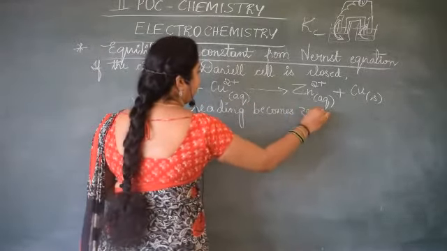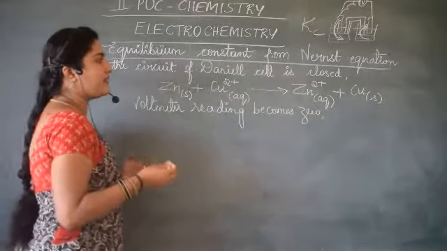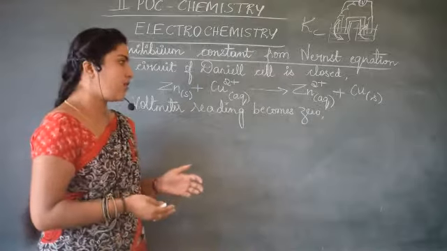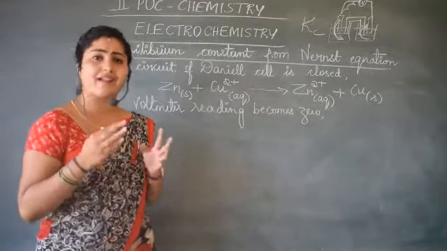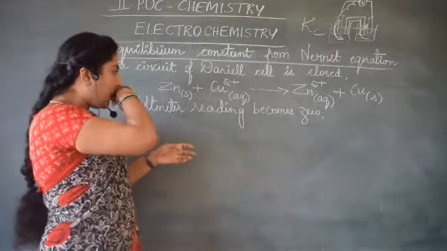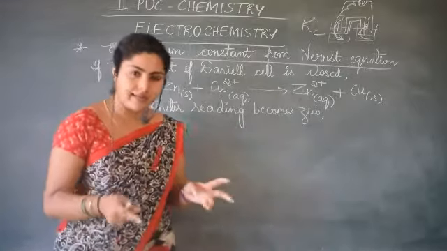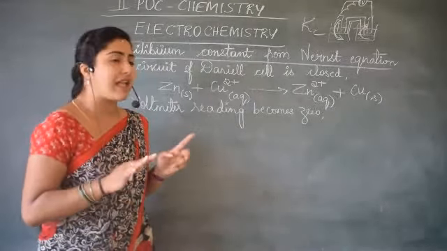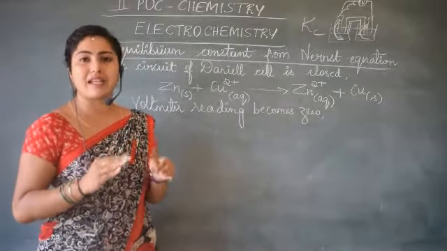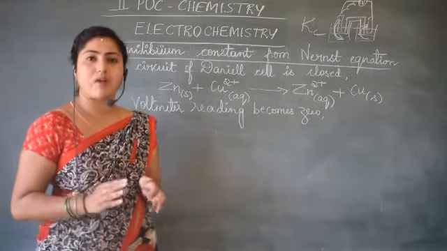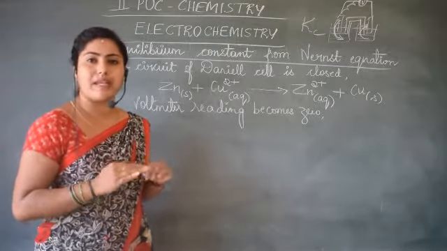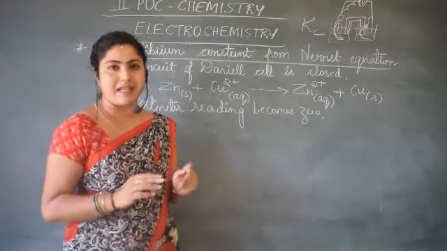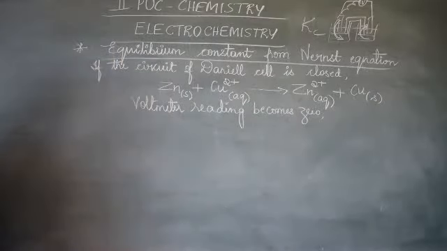You understand that it's not suddenly after closing the circuit that the voltmeter reading becomes 0, but after the reaction proceeds, at a stage, you can see that it is 0 now. What does that tell you? That means that the system has attained equilibrium. Equal forward reaction and backward reaction are taking place. That is what it tells us.